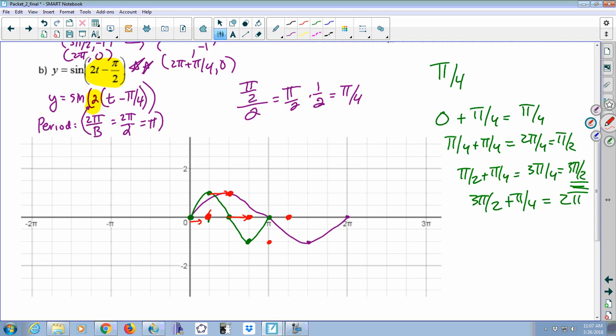So I've just shifted pi over 4 to the right. There's that equation. So you could do it in all those pieces if you wanted, okay? But you do your shape change first. You've got to get your period. Is that right? Well, let's see. We start at pi over 4. We end at 5 pi over 4. That's pi. Your period is pi.